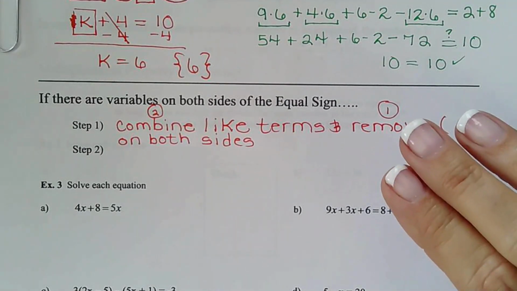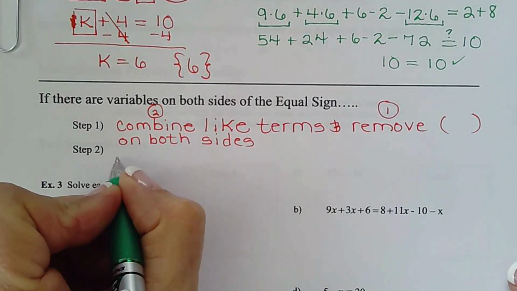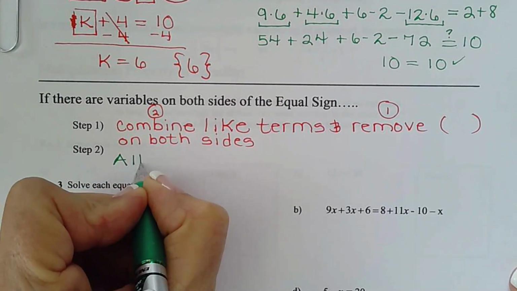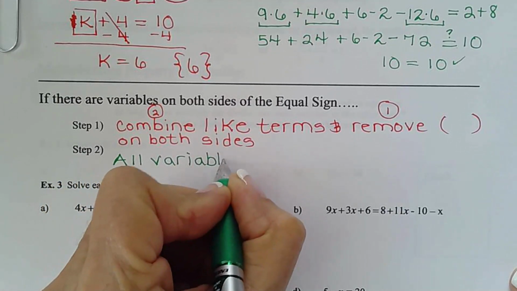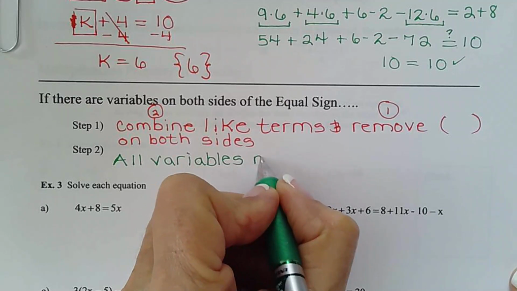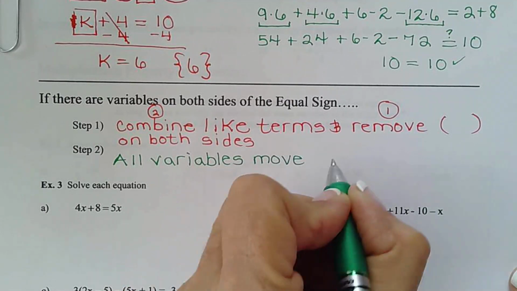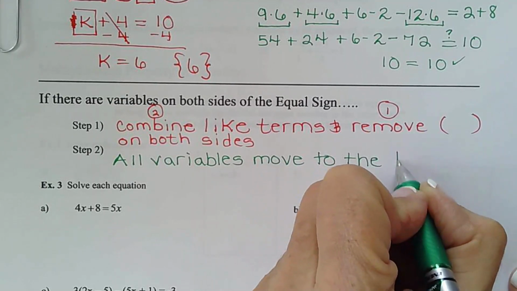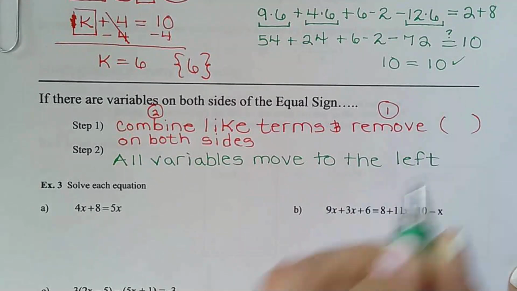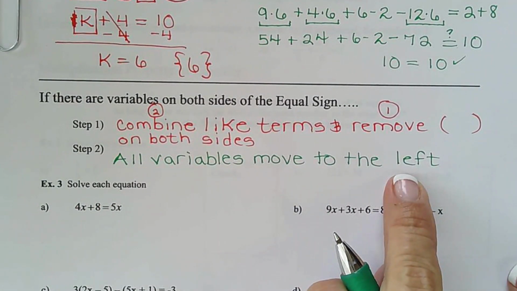Then step 2 is we move all variables to the left. And remember, variables are letters. So all variables move to the left.